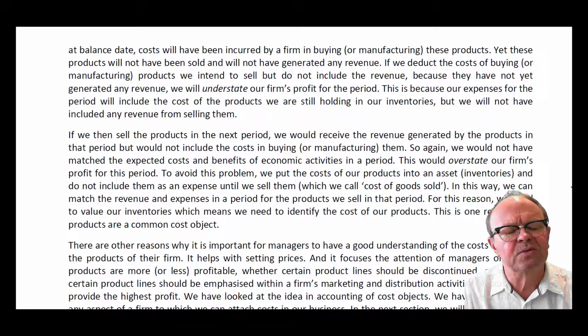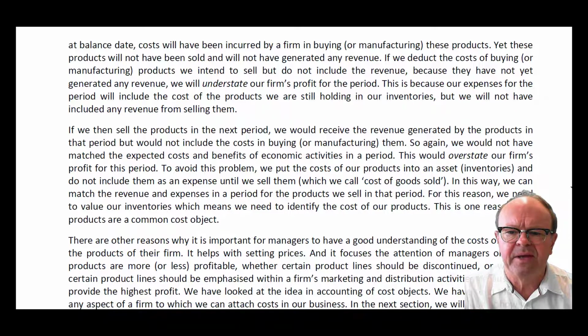Yet these products will not have been sold and will not have generated any revenue. If we deduct the costs of buying or manufacturing products we intend to sell but do not include the revenue because they have not yet generated any revenue, we will understate our firm's profit for the period.